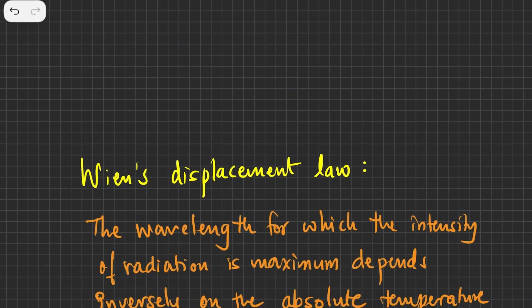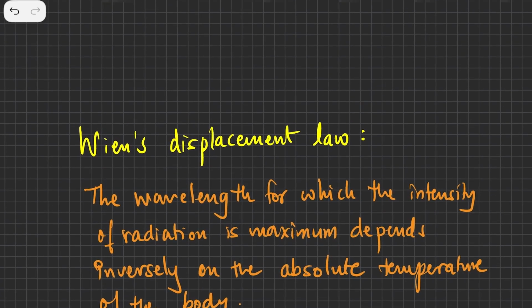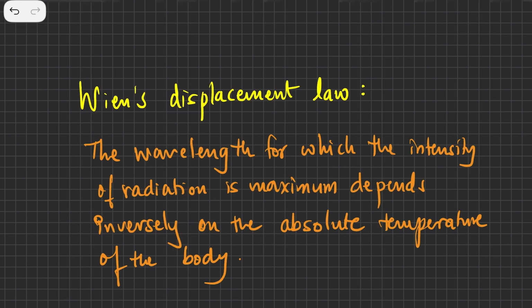The theoretical part for kinetic theory, we will be finishing with the last two topics, Stefan-Boltzmann's law and Kirchhoff's law. So today we will be starting with Wien's displacement law first.